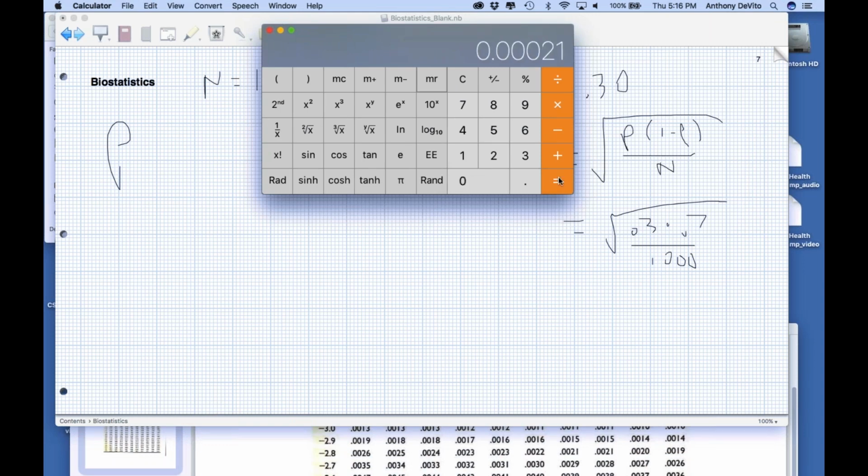I've taken the square root of the whole thing, so I take the square root of it, and it's equal to 0.0145. That's 1.45%, right? That's where our 0.013 came from before, except now I'm using different numbers, so it came up 0.0145.